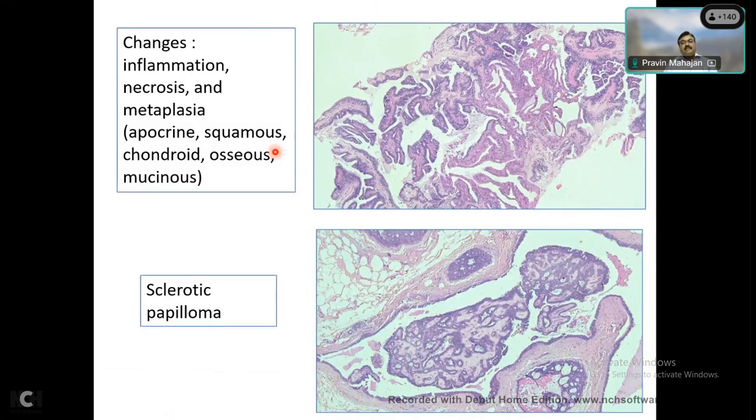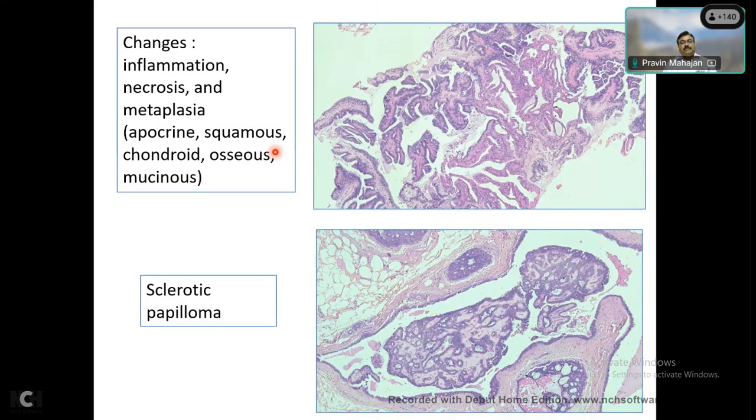Now, benign papilloma can have different changes. It can have inflammation. It can undergo spontaneous necrosis, because the papillae can twist and then become infarcted, and so infarct necrosis can set in. Once you have that, usually the patient clinically presents with a bloody nipple discharge.